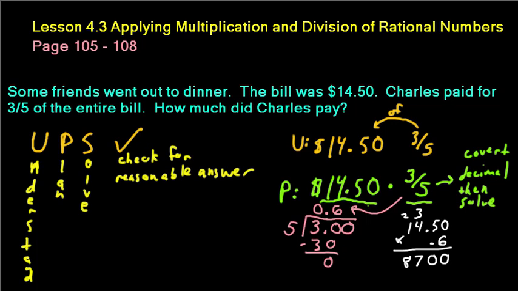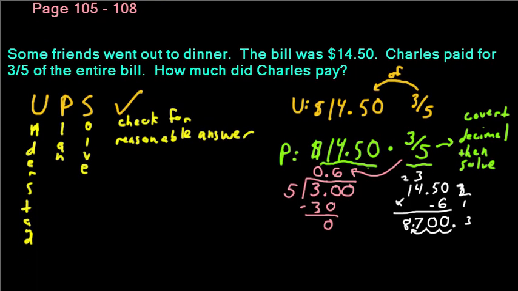Alright, now I've got 3 decimal places. I've got 2 here, 1 here, for a total of 3. So I start here and I go 1, 2, and 3, and I'm going to move my decimal place to right here. So that means, let's scroll down just a bit, that I've got $8.70.